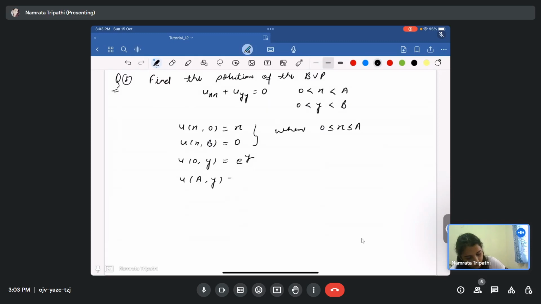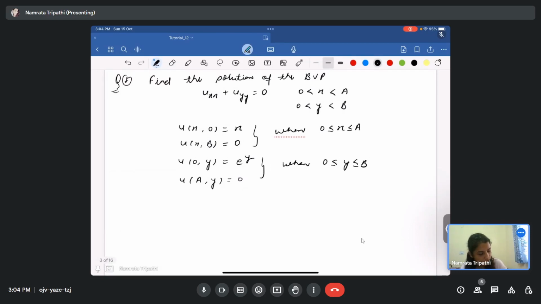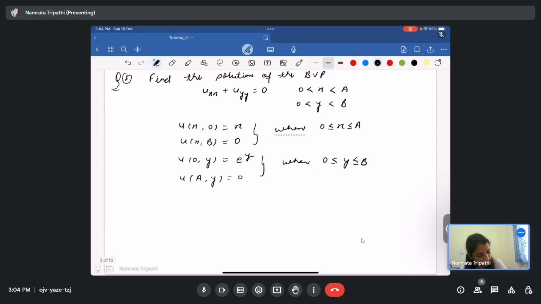So these are the boundary conditions we are given. We have to find u(x,y), that means the heat distribution in the rectangular bar.